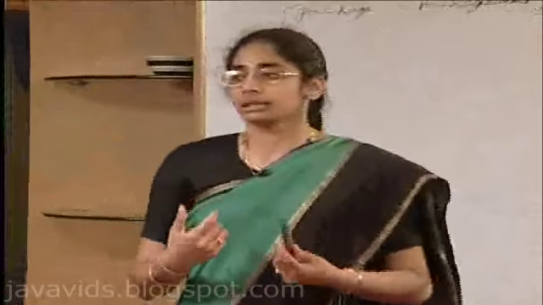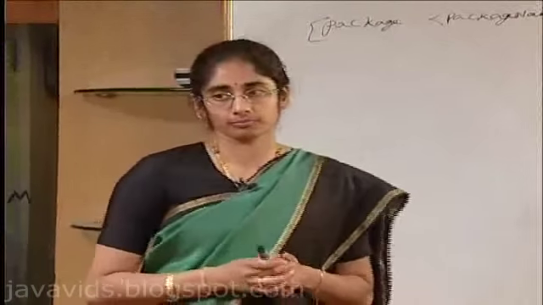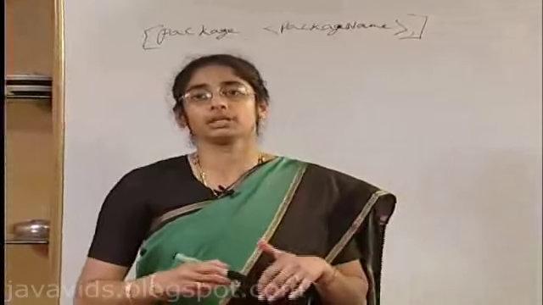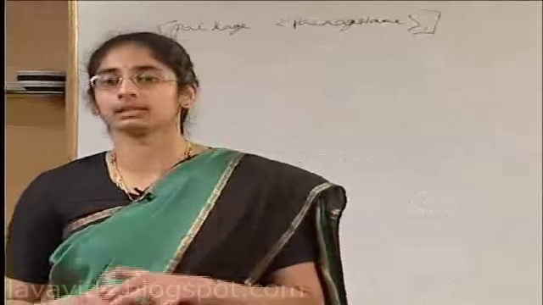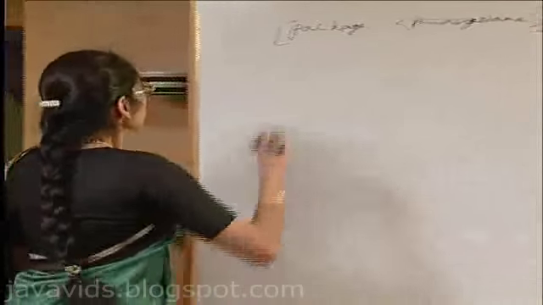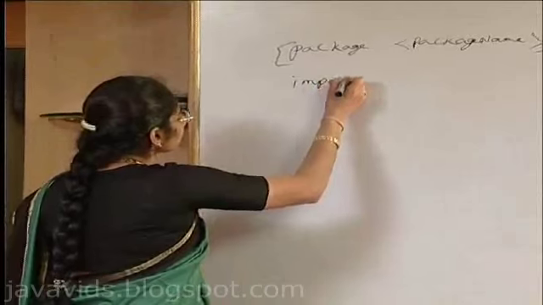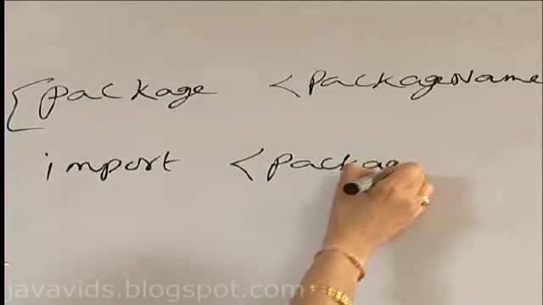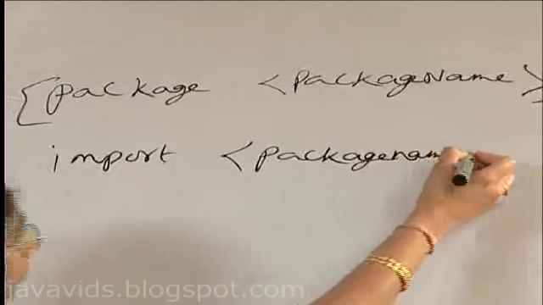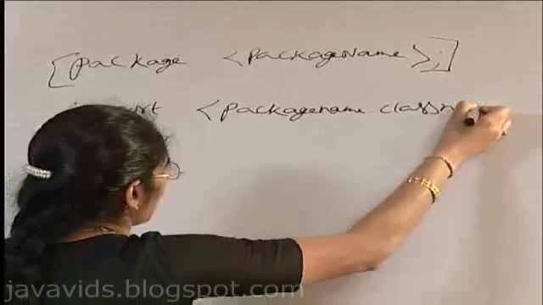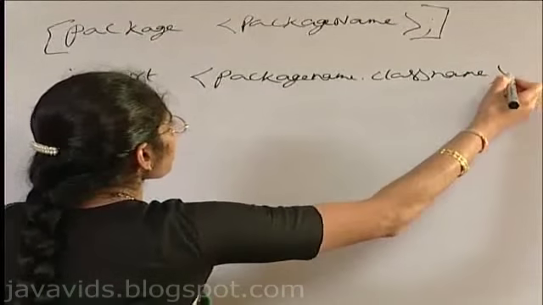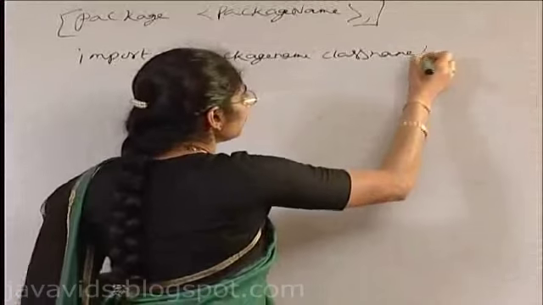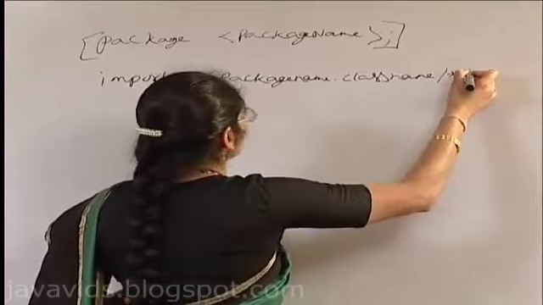Now you're going to use classes coming from different packages. So in order to refer to the classes coming from a package, you need to give the path of the package where the class is residing. To specify that, you use the import statement. Import package name dot the class name, or instead of a class name, you can also specify star here.